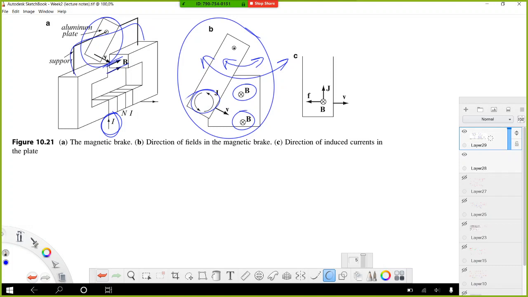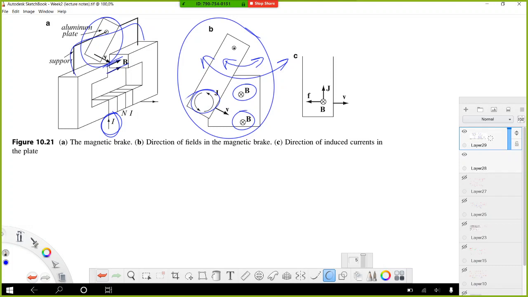In this case, eddy currents occur inside the plate, and the flux of the induced currents is such that it opposes the field B.